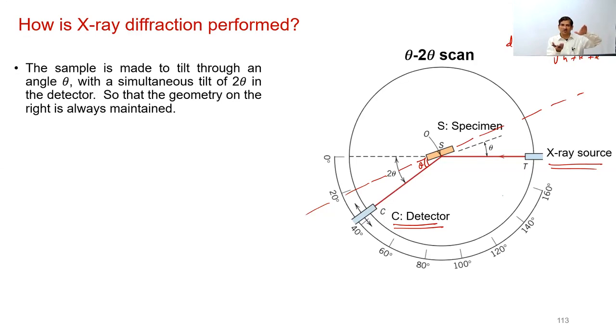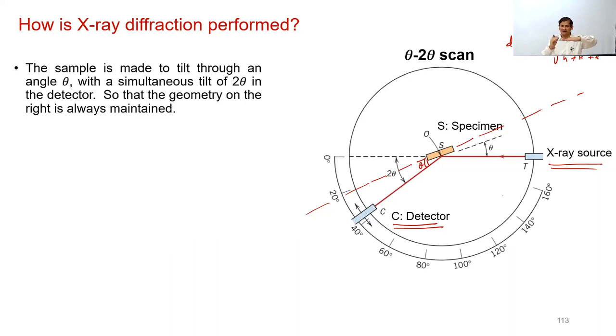Then we tilt the sample through some small angle theta, and then tilt the detector also by a similar angle, but that will need to be double, 2 theta, so that the incident beam and the line connecting the detector to the specimen surface once again maintain the same geometry, that is the same angle theta. That is why it is called a theta-2 theta scan.